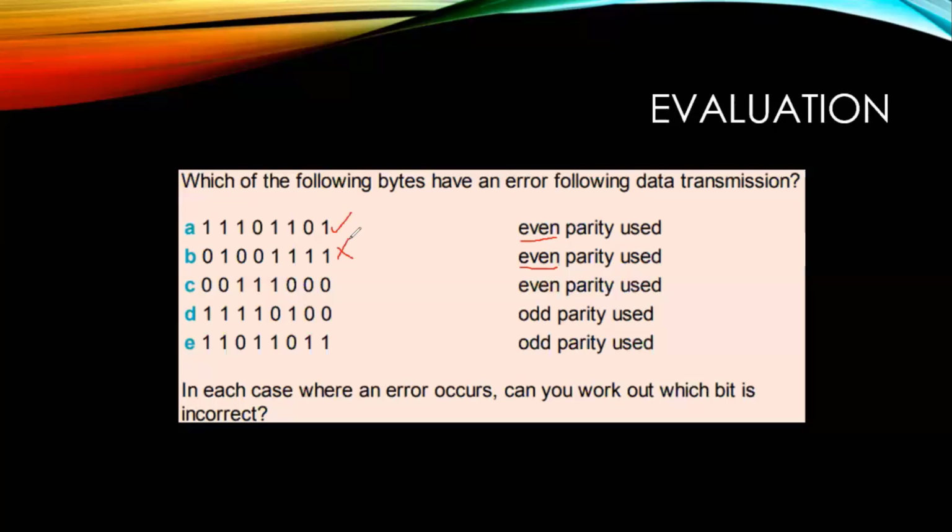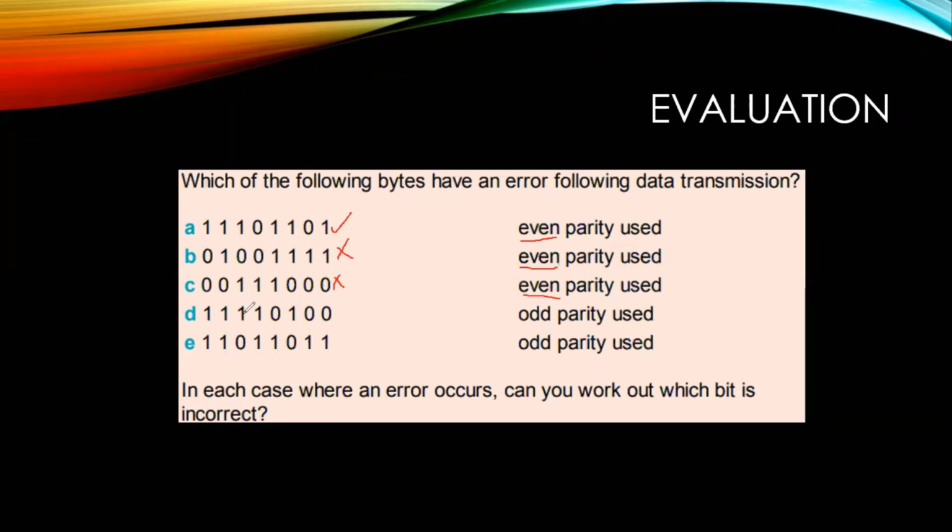For the third one, I'm again using even parity, and in this case, since I'm using even parity, you can just count the number of ones here. So I have 1, 2, 3, so 3 ones. 3 is an odd number, therefore this byte has been transmitted incorrectly.